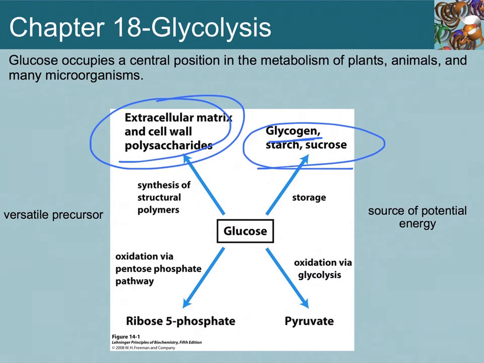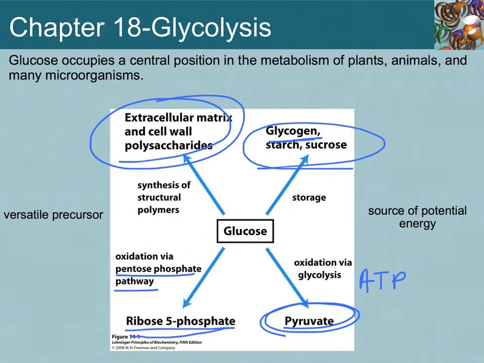It can be oxidized to pyruvate, okay, and that's what we're going to look at today. And so then this is where we can get ATP. And it could also be used to make other metabolic intermediates in the pentose phosphate pathway, and it's a precursor for ribose 5-phosphate.